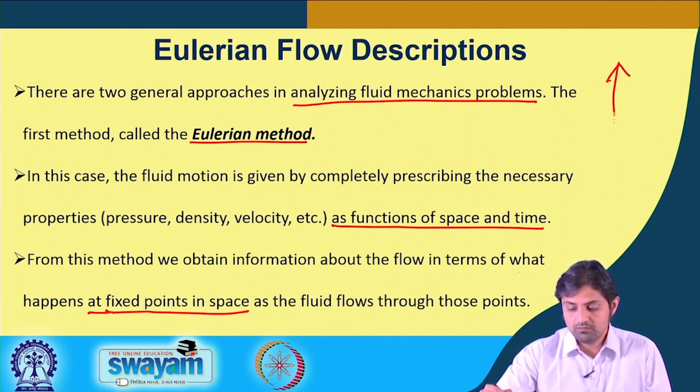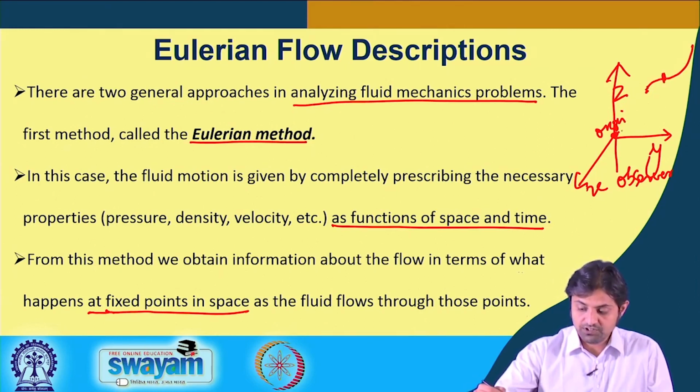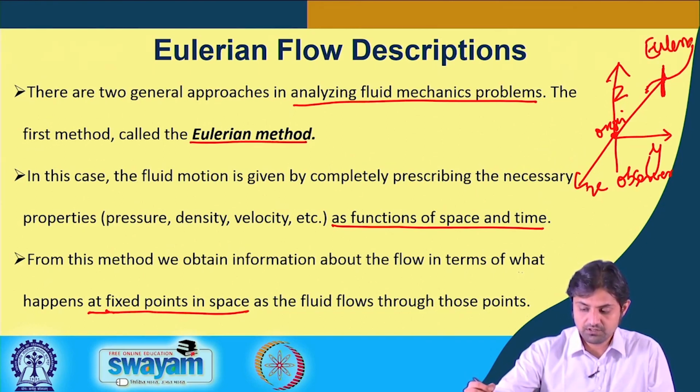So, this is x, this is y and this is z. If we put our observer here, for example, anywhere, it does not necessarily need to be at the origin, and if we keep on observing, suppose a particle is moving like this, and we see what is happening at this particular fixed point here, the flow description is Eulerian in nature. Okay.